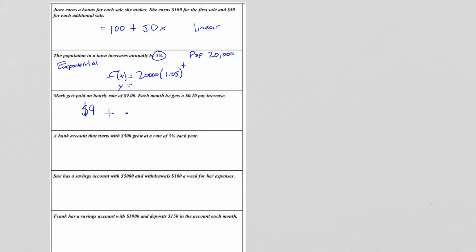Plus, he gets 10 cents pay increase for every month he's there. This definitely is a linear equation. A bank account starts off with $500, grows at a rate of 3% a year. This is definitely exponential.